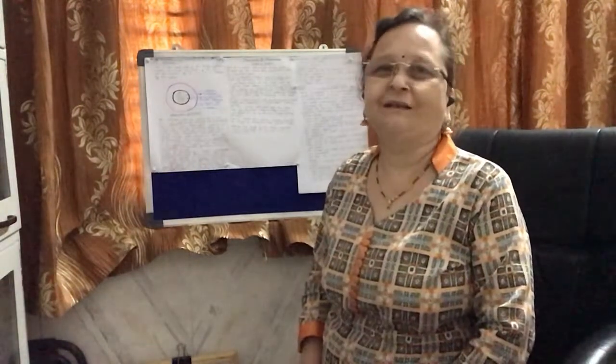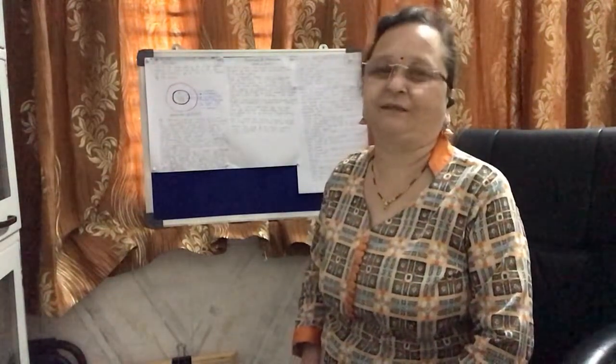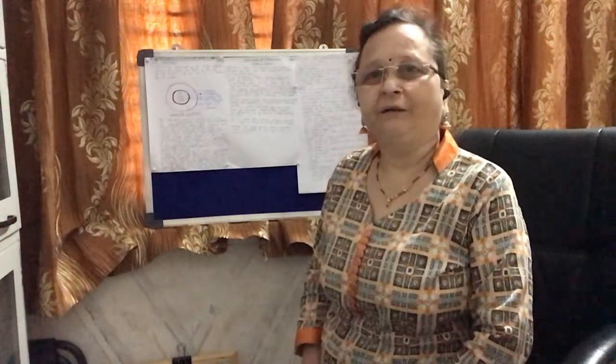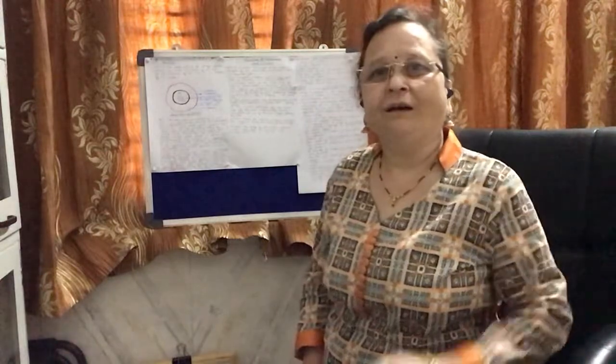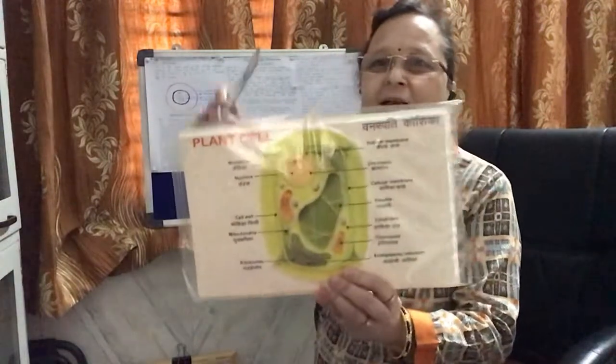So students, as we know, the cell is the basic unit of all living organisms, whether they are plants, animals or humans. This is a small model diagram of a plant cell.